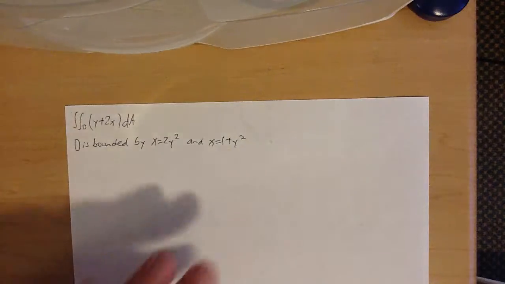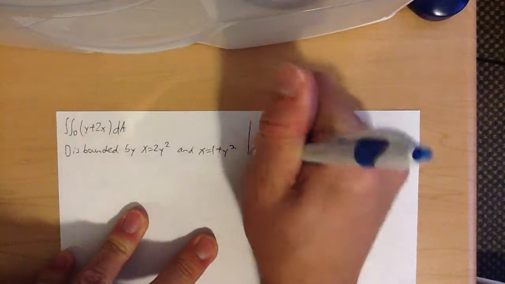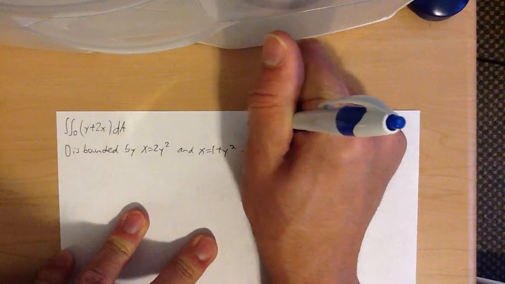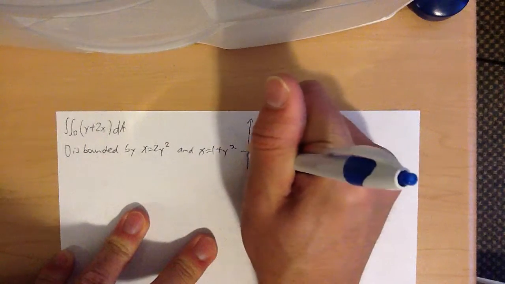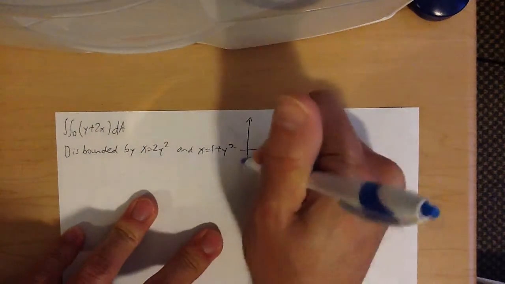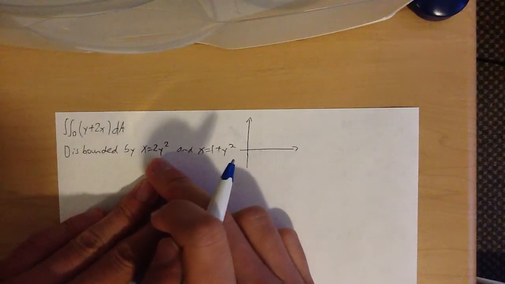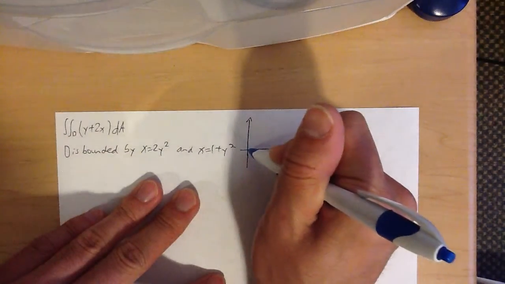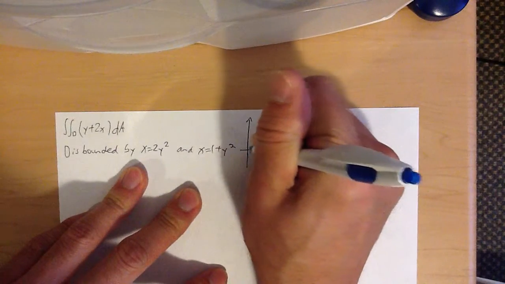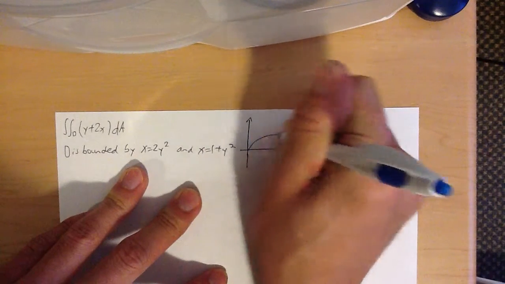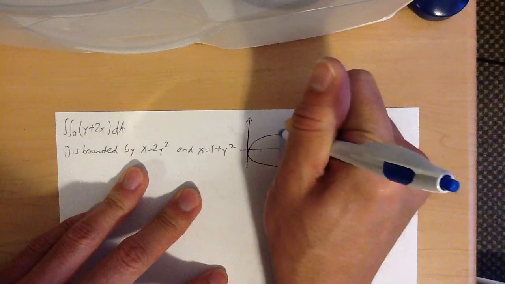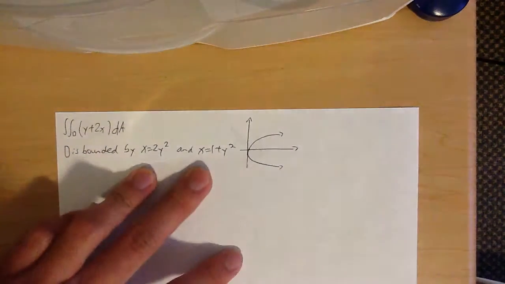So again, let's draw the region out. x equals 2y squared is simply a parabola that's stretched by 2, so it looks something like this. Very rough sketch.